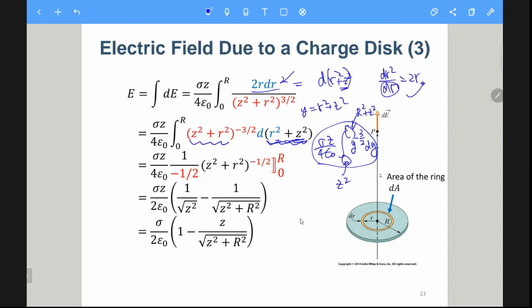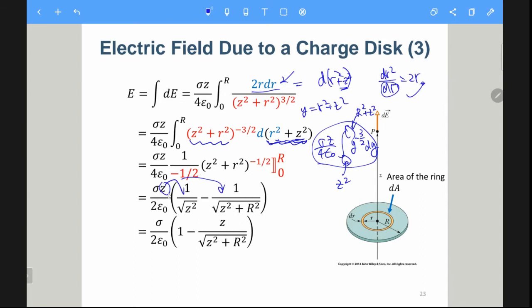Still, we only consider the E field over this Z axis. This Z axis is perpendicular to the disk and also passing through the center of the disk. And furthermore, maybe we can also distribute this Z into here and into here.